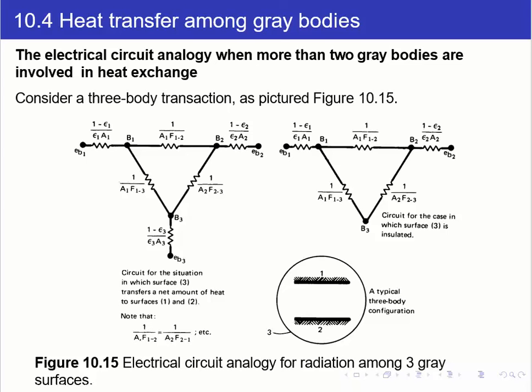Now we have an electrical circuit when more than two gray bodies are involved in heat exchange. We have different resistances, or we can say that each gray body is involved with a heat resistance. You can calculate by using the formulas for parallel and series resistances to solve this type of question.